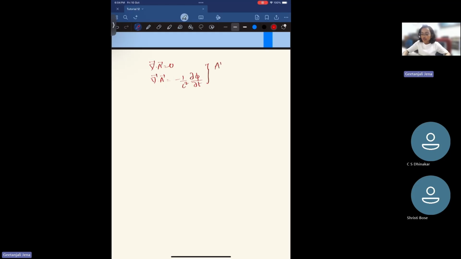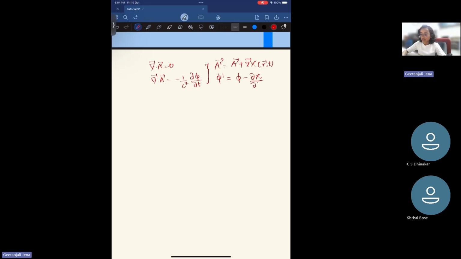So we can take a new vector potential, A prime, given by A plus the gradient of some function phi, and simultaneously we have to transform the scalar potential phi to phi minus dou phi by dou t.